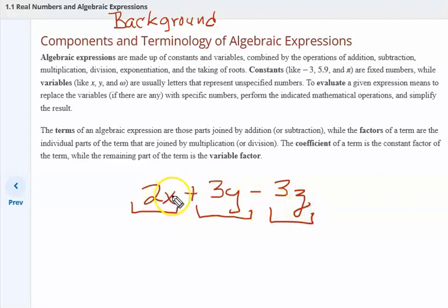And the letter is the variable part, and what's in front of the letter is the coefficient. And in a sense, it's 2 times x, whatever the value of x is. So these are factors within a term. All right, quick on that.